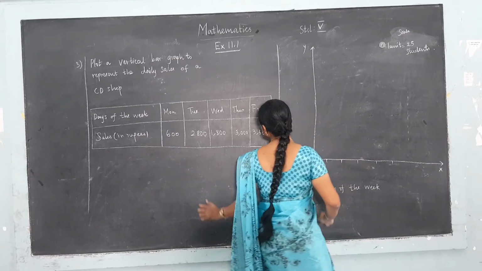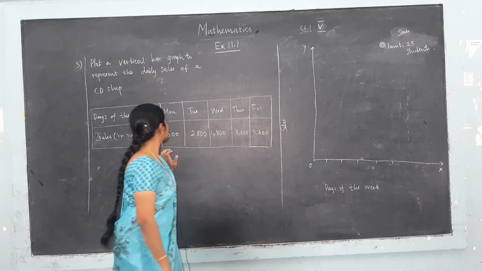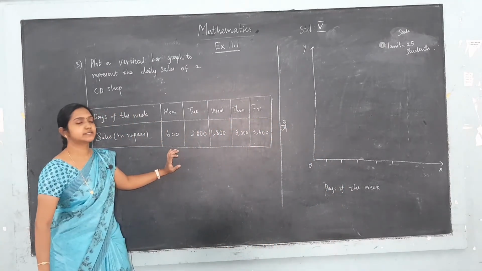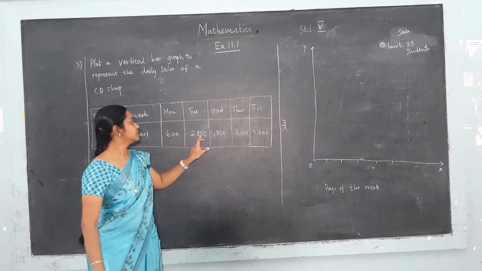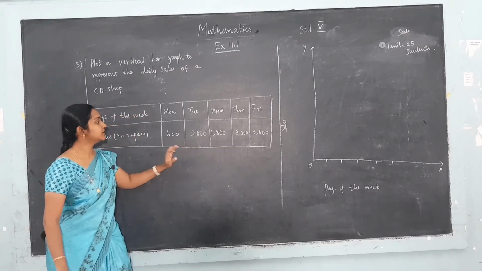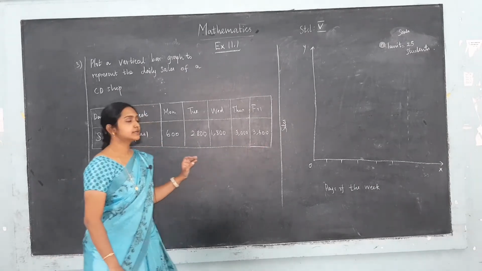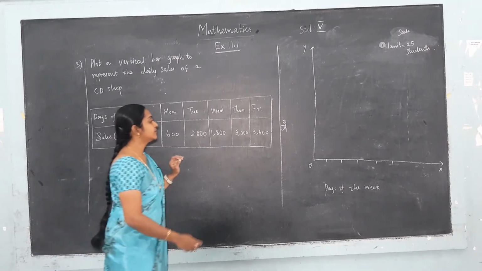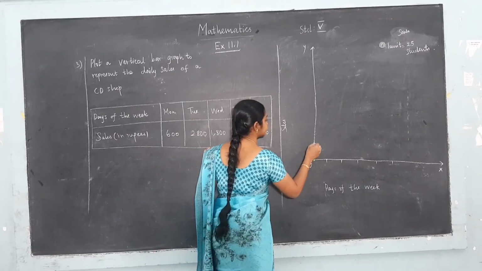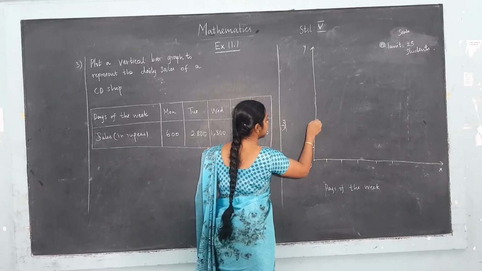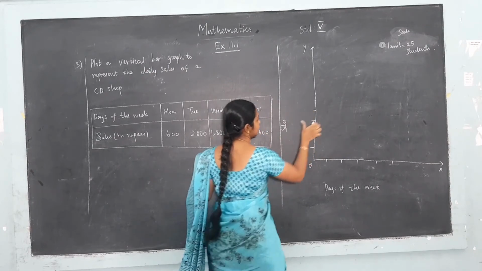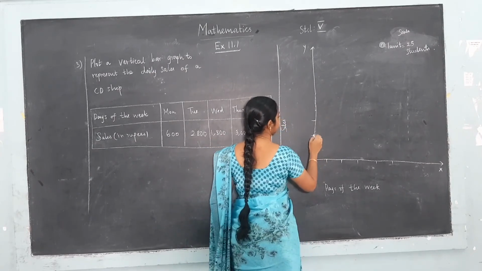Look at the numbers in the sales. All the numbers are multiples of 600 except 2800. So we can represent the scale in 600. First divide equally.